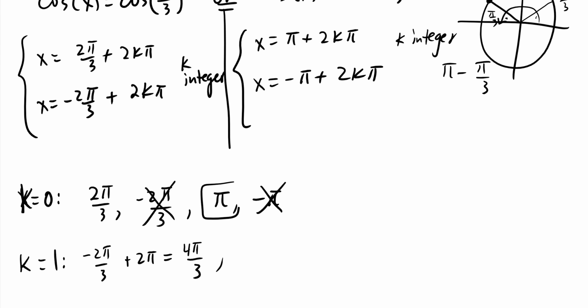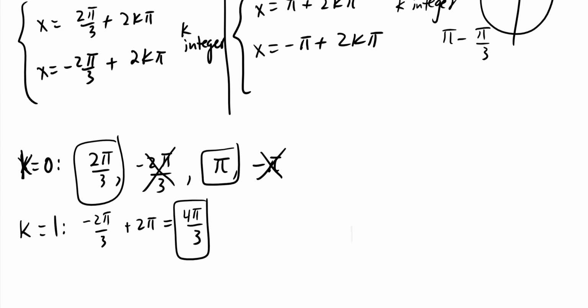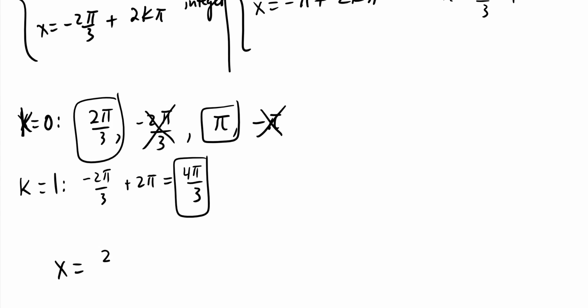So 3 solutions so far. What about k equals 2? That will be more than 2 pi for all of them. Negative 1 will make it smaller than 0. So the x values for that equation are 3 of them: 2 pi over 3, pi, and 4 pi over 3.